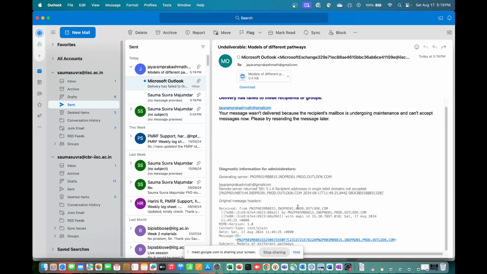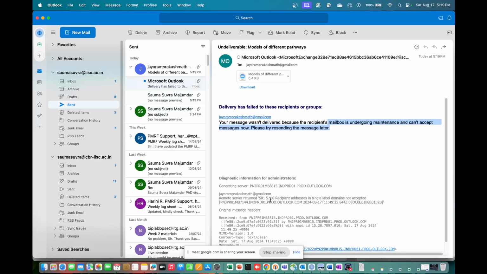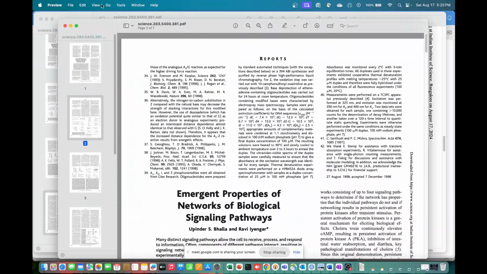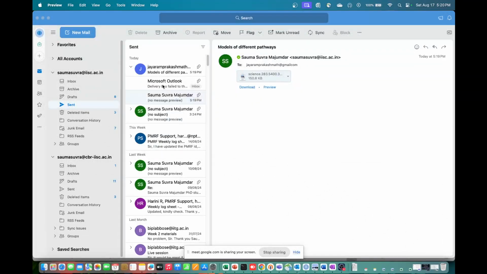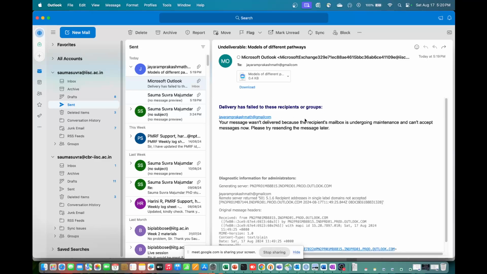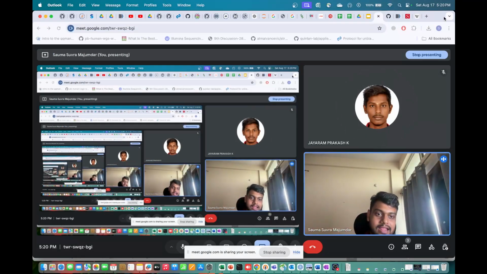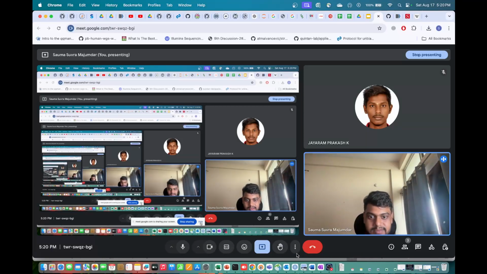It is saying delivery failed because your recipient's mailbox is undergoing maintenance and can't accept messages right now. I tried to send the paper to your mail ID, but it is not going currently for some reason. Actually, you are sending through MS Office, I think, right? Yeah. Okay, I have a Gmail as well. I will send it through Gmail.